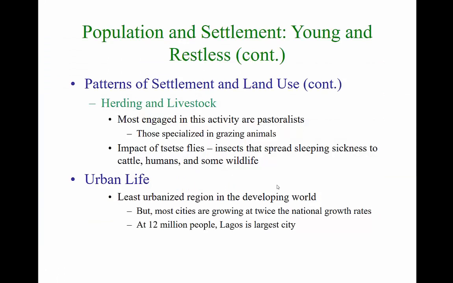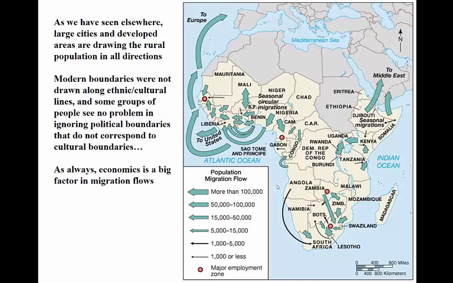Urban life. We talked about the idea of urban primacy. Lagos, Nigeria is the largest city by far. I think I've referred in a previous lecture to Abuja being the capital of Nigeria in a more central location.